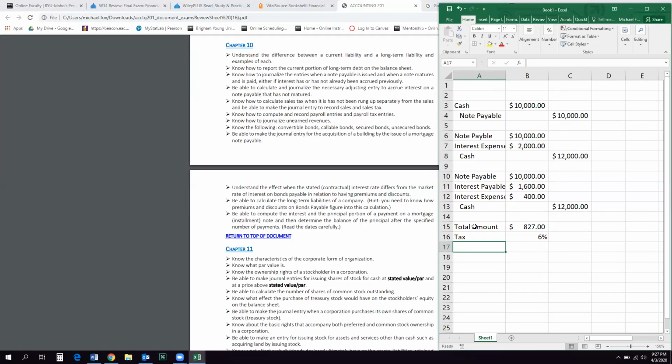Another way of putting it is the amount of the goods we sold times 1.06 would be $827, the total amount.